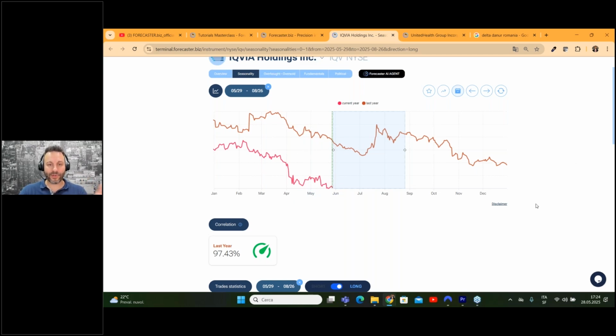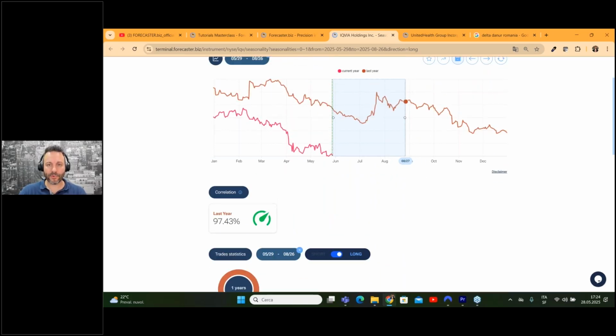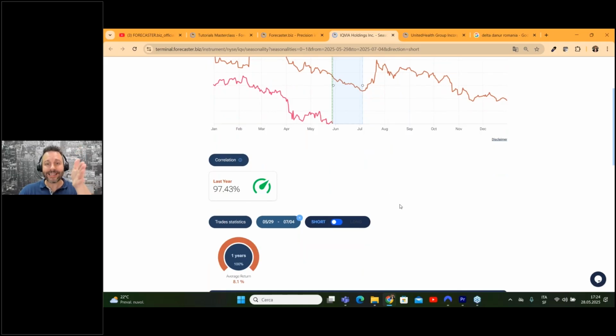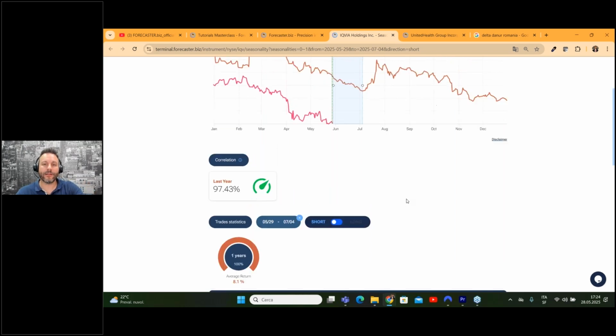So, in this case, this stock is moving like it did the last year. So, for example, if you select this period, as you can see, we have a more than 8% downside possibility, okay?